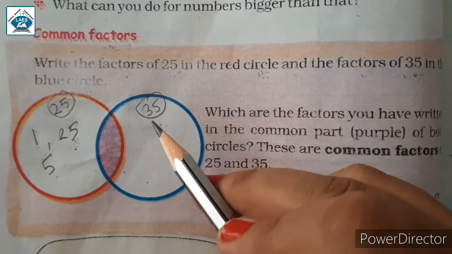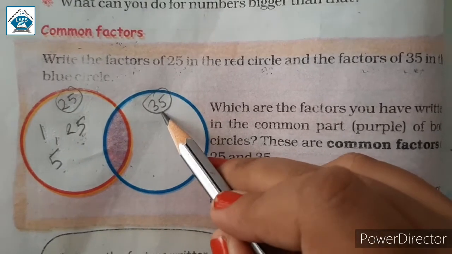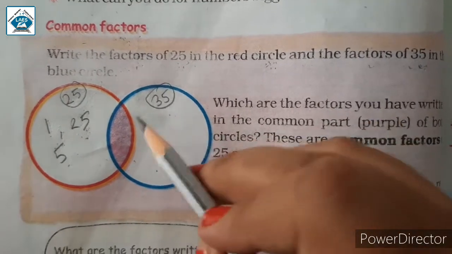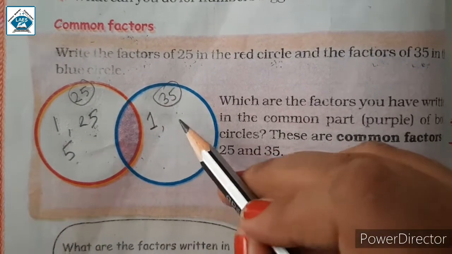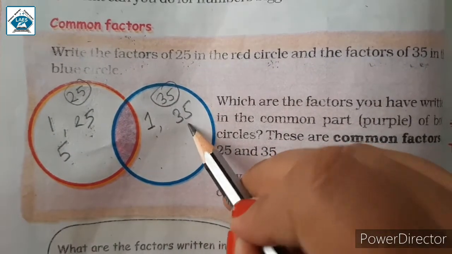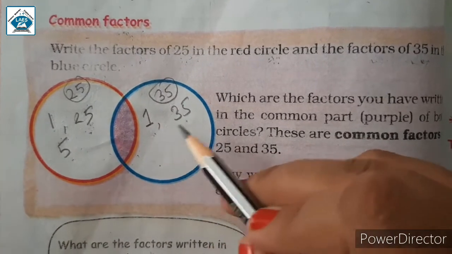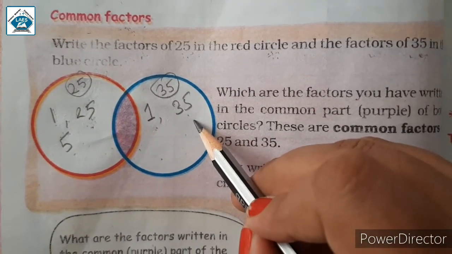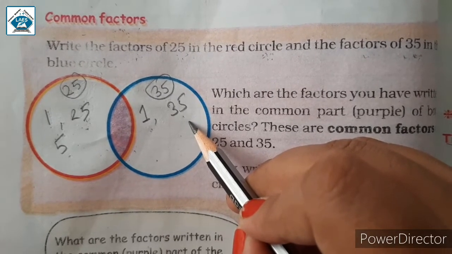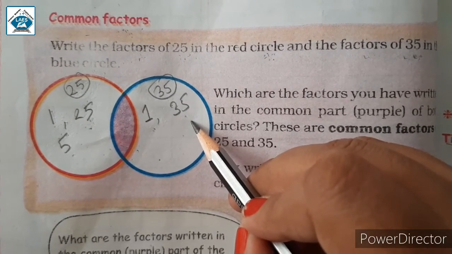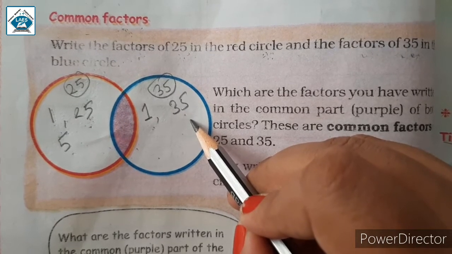Similarly, write the factors of 35. At first, write 1 and next is 35. If you divide 35 by 1, you get 35.